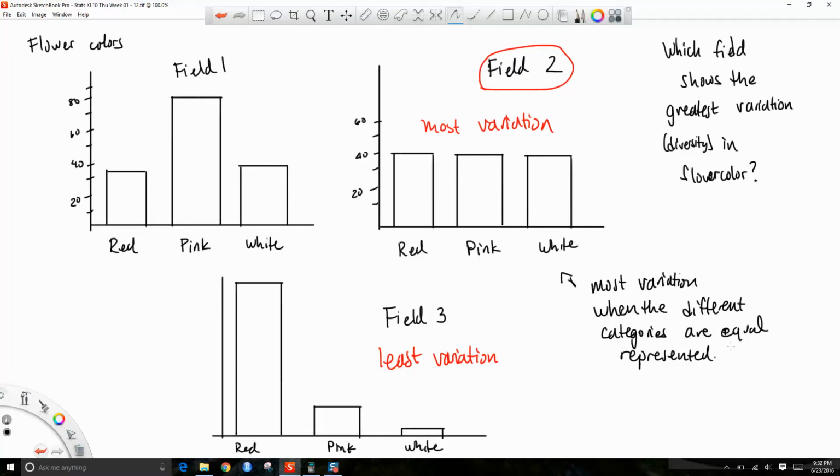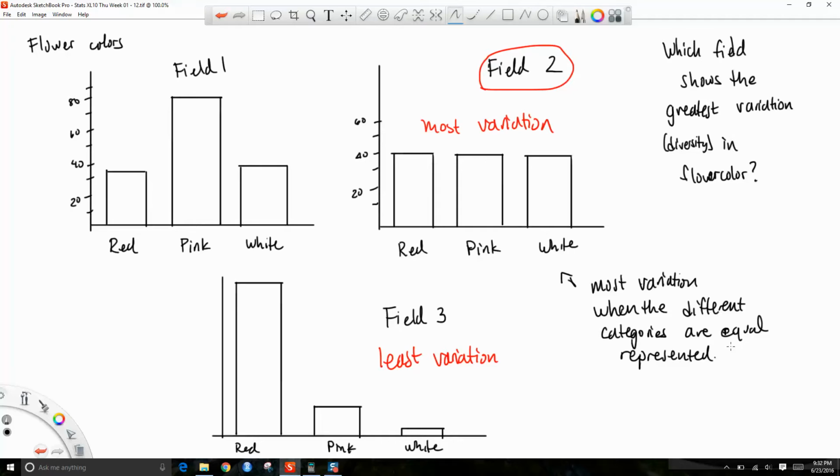So we would say field 3 doesn't have a whole lot of variation, because everywhere you look, it's just red flowers. Yeah, there are a few others, but those are not very well represented.